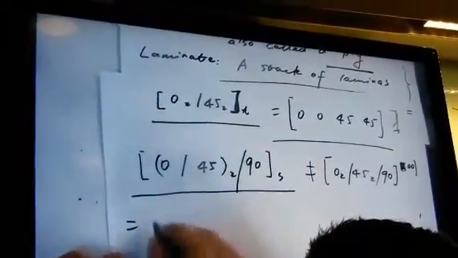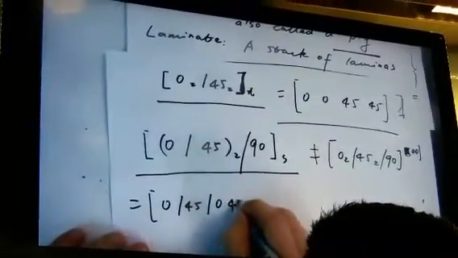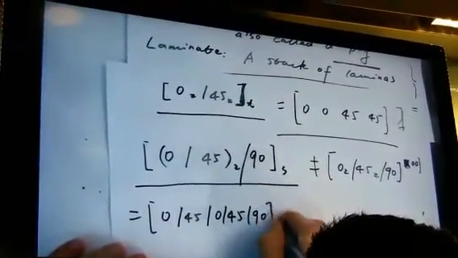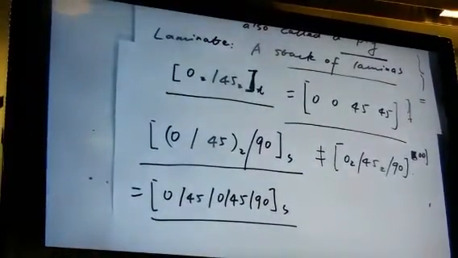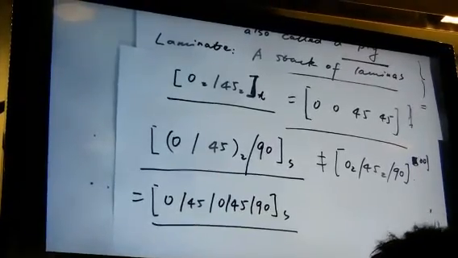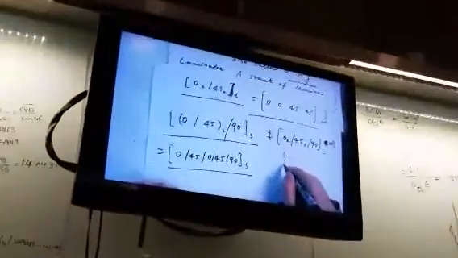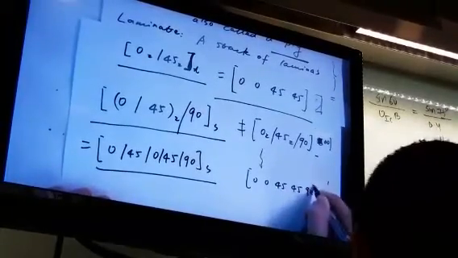This one is not equal to that one. Because the one on the left is equal to 0, 45, 0, 45, 90. We are repeating these 2 layers twice. And for this other one, you are repeating the 0 twice and then the 45 twice. So it's different. On the right it is 0, 0, 45, 45, 90.